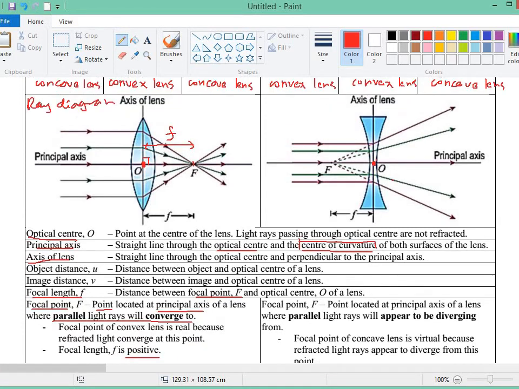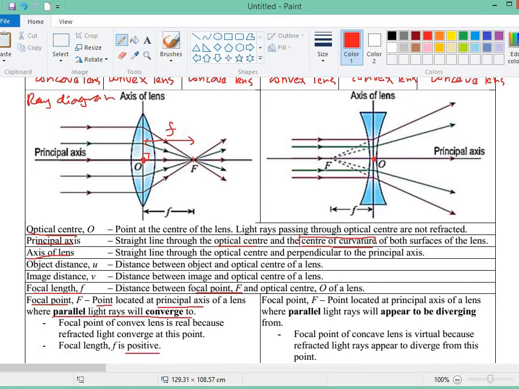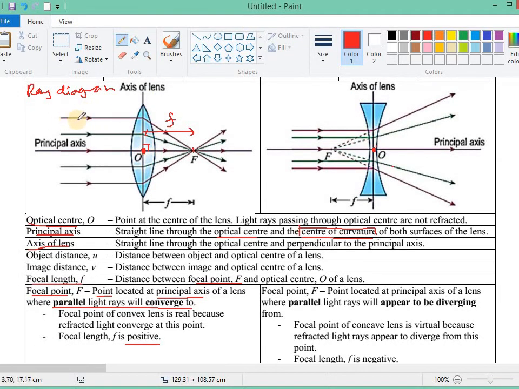So what does it mean is like this. You see, we have light that is parallel to the principal axis. After passing through the lens, all of the light rays will converge. They will all go through a single point.